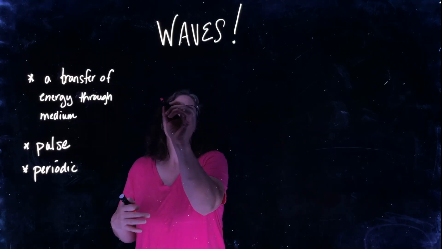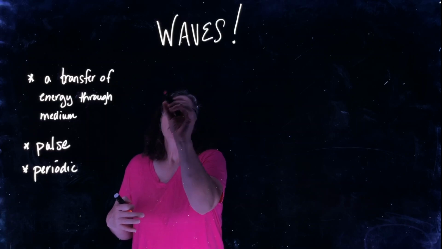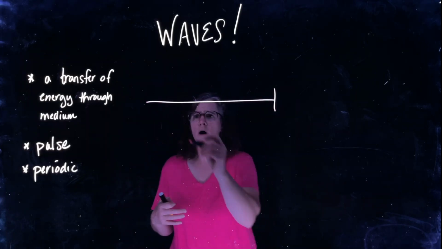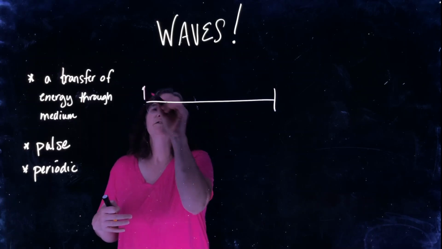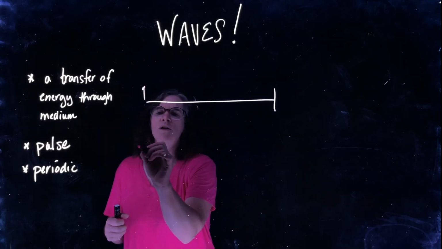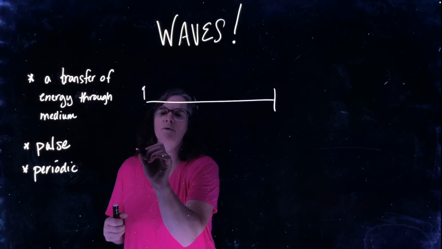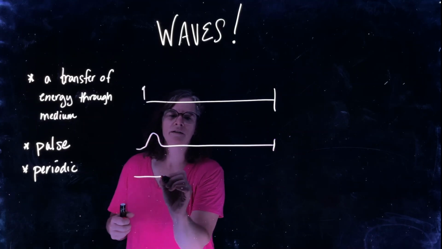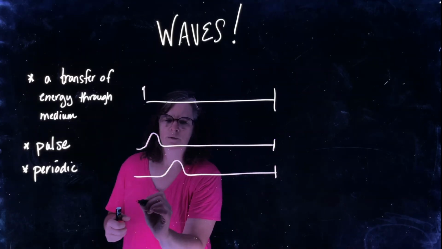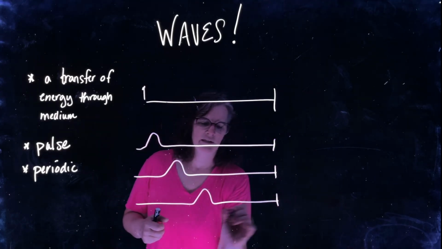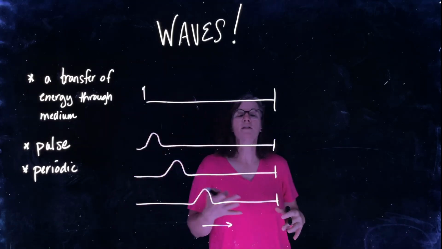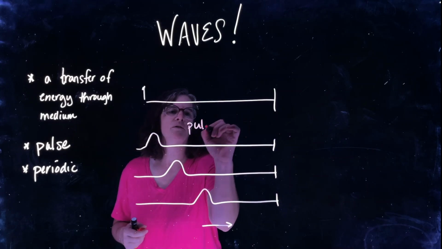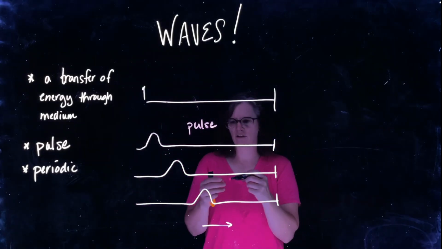So imagine you have a string attached to a wall, and you just flick the end of that string up. We know that if we flick the end of the string up, we're going to get a little bump, and as time goes on, that bump will continue to move down the string. This is what we mean by a wave pulse. That energy travels along the string.